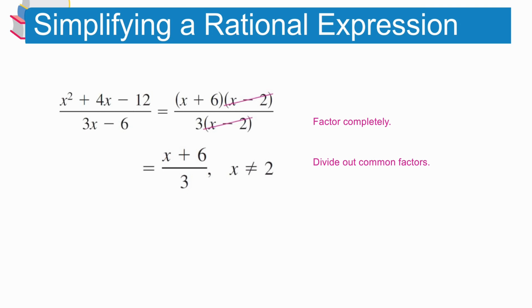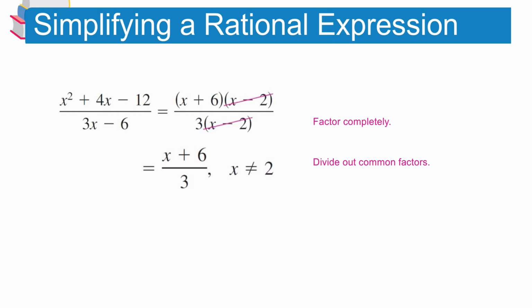So here we want to simplify lots of times when we're doing the rational expression. So here we have a polynomial divided by a polynomial, but we can factor out a 3 from this, and we can factor this in quadratic factoring, and it turns out both of them have a common factor of x minus 2, so we can cancel the x minus 2, and this is extraordinarily common stuff whenever we deal with rational expressions.